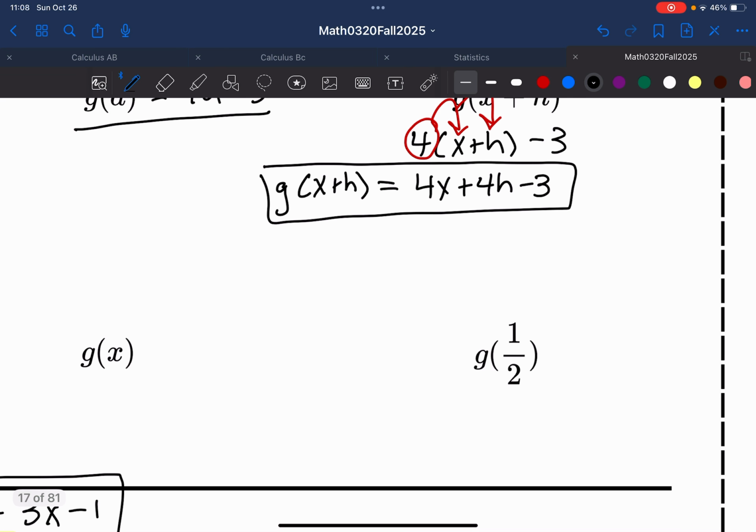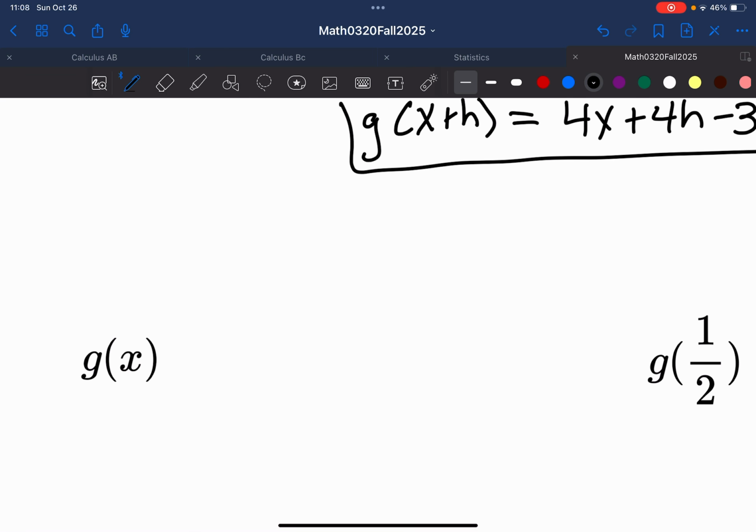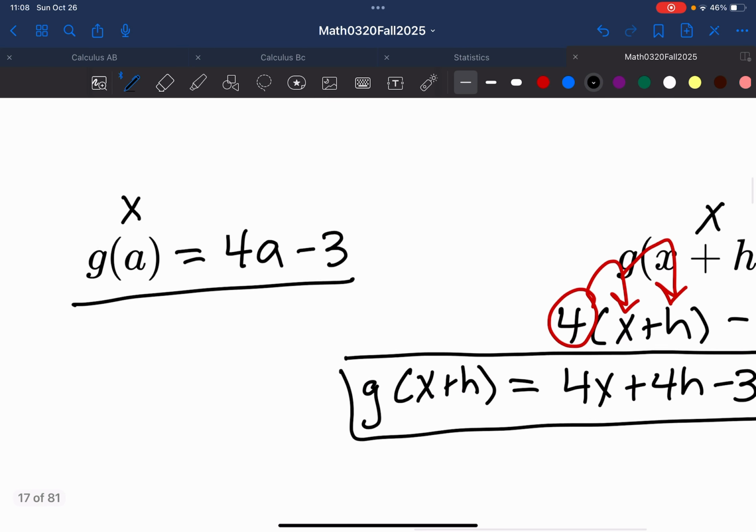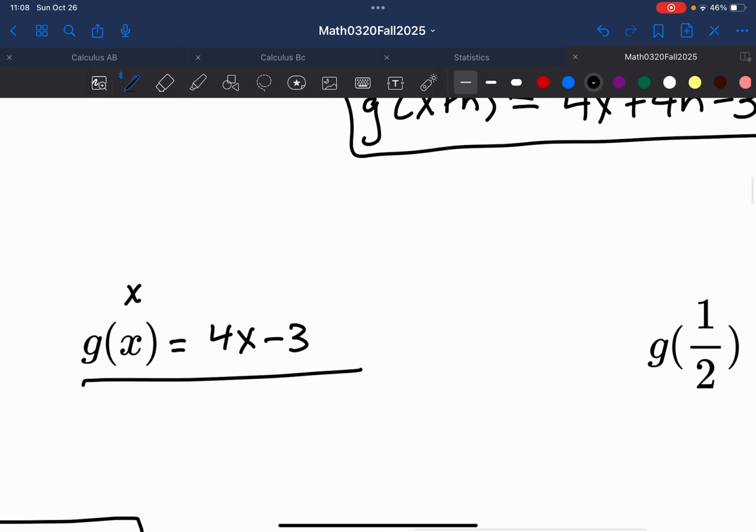Okay. Notice this one, it says I'm plugging in x for all the x's, which means nothing's changing here. I'm just going to have 4x minus 3, just like my original function up here. So that's just my answer.